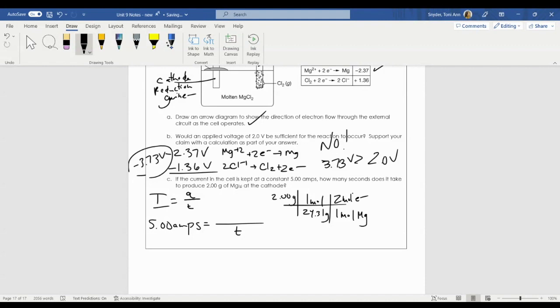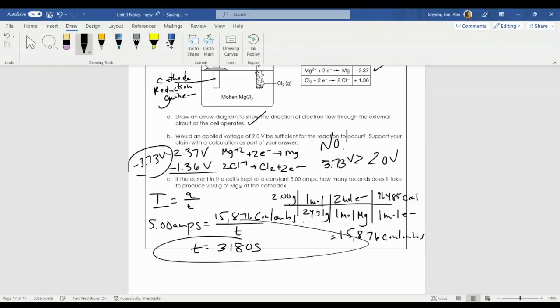And we know to find the charge of this, Faraday's constant, 1 mole of electrons has a charge of 96,485 coulombs. That gives us a value of 15,876 coulombs. Plug this in up here, 15,876 coulombs. And if you solve for this correctly, you should get a time of 3180 seconds.